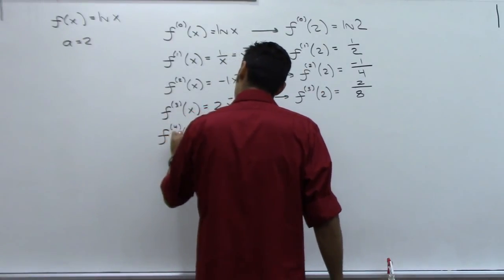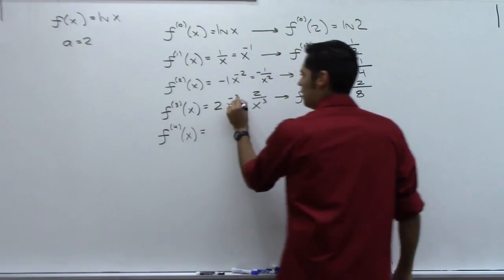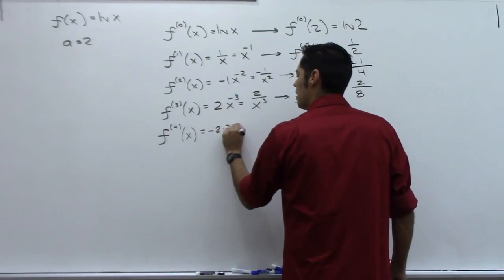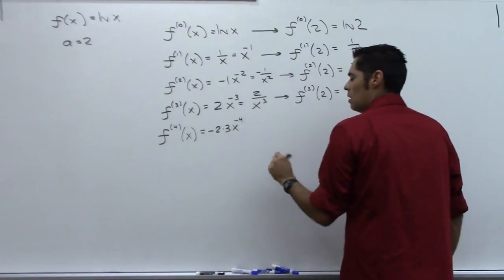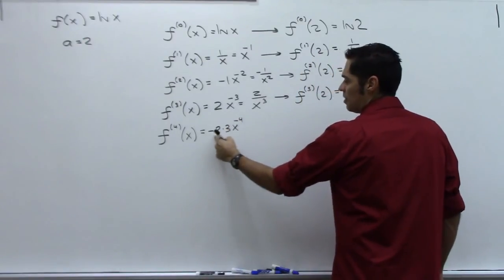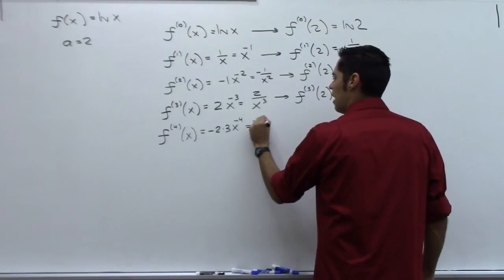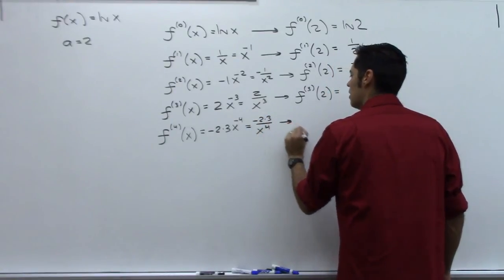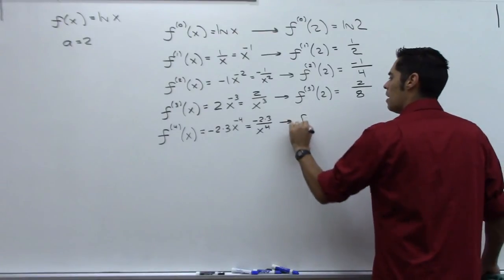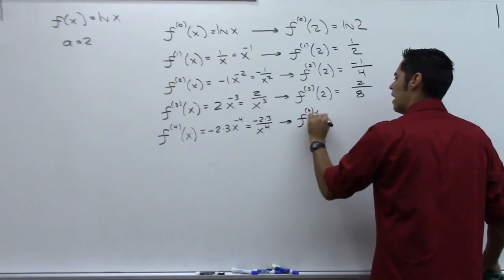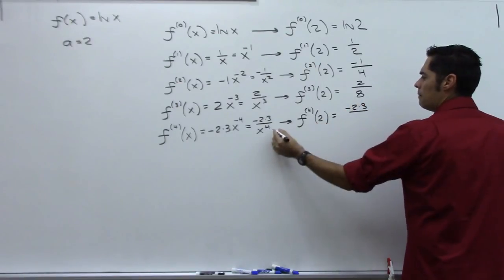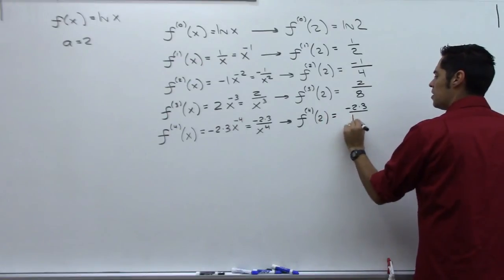Fourth derivative of this, the negative 3 comes out, I get negative 2 times 3 x to the negative 4. Now, I agree that this is a negative 6, but again, I'm going to leave it out, negative 2 times 3 over x to the 4th, because I'm trying to get us to see a pattern here. If we plug into the fourth derivative the value of 2, we get negative 2 times 3 over 2 to the 4th power, which is 16.